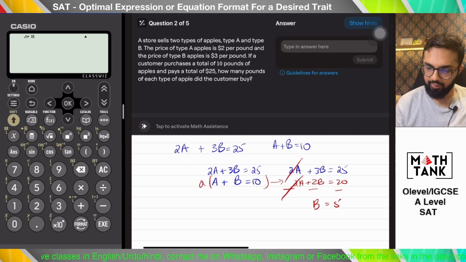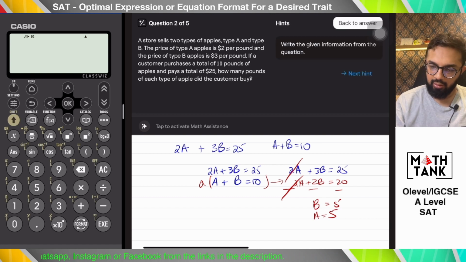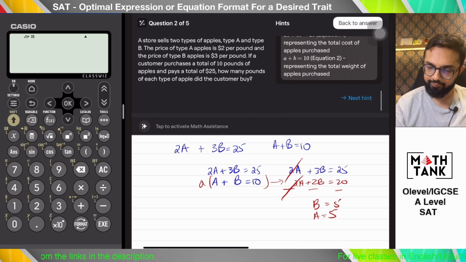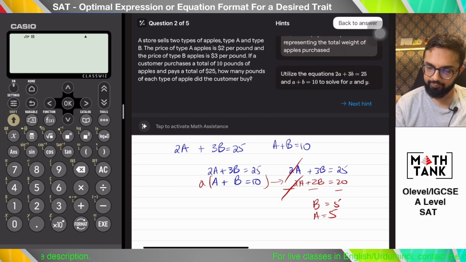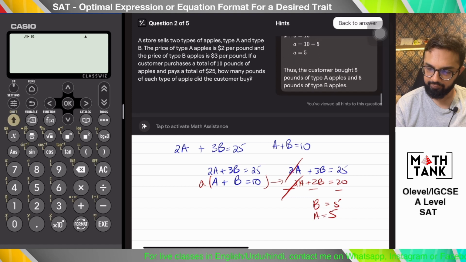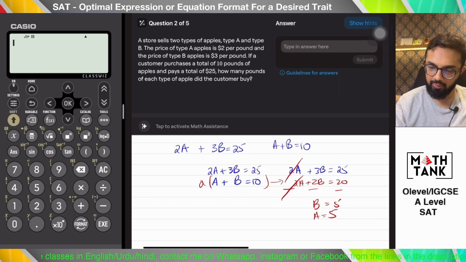And when B comes out as 5, A also comes out as 5. Let me check if I have to write the answer. Look for the answer I'm getting. I don't know if 5 will only work.